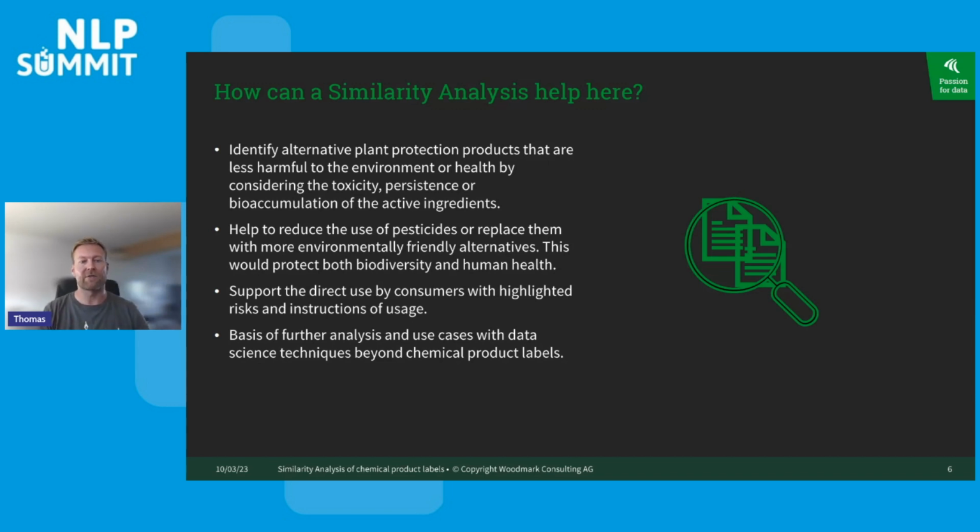It helps us to reduce the use of pesticides or replace them with more environmentally friendly alternatives. This will protect both biodiversity and human health, support the direct use by consumers with highlighted risks and instructions of usage. And it is a very good basis for further analysis and use cases with data science techniques beyond chemical product labels.